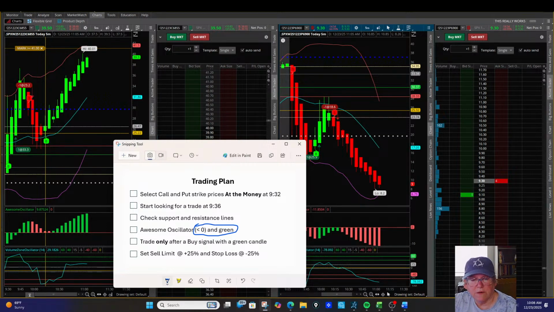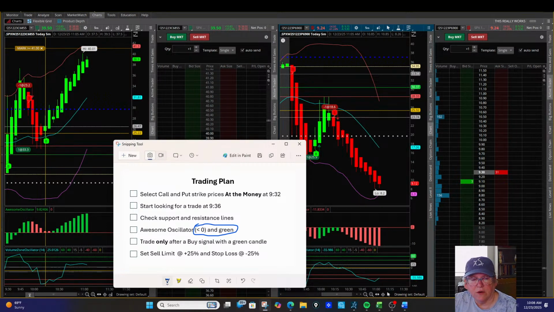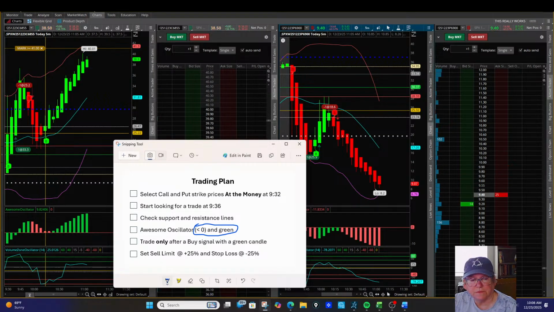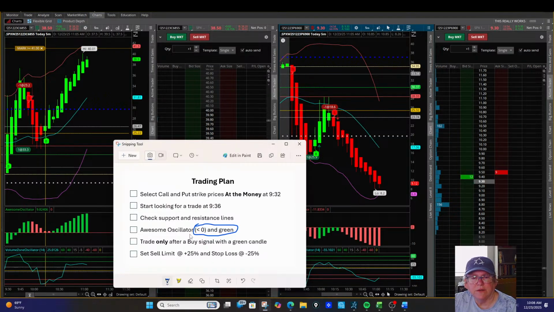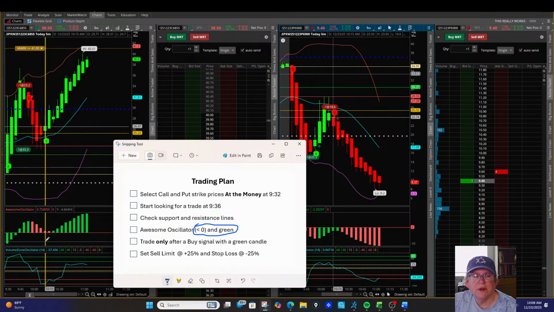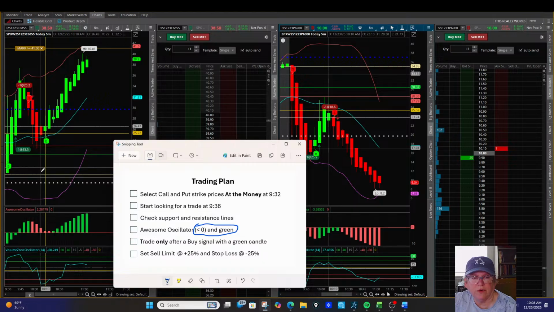Okay, so this part of the awesome oscillator trading plan, I need to explore that further and figure out when it would be okay then to trade that buy signal with a green candle.